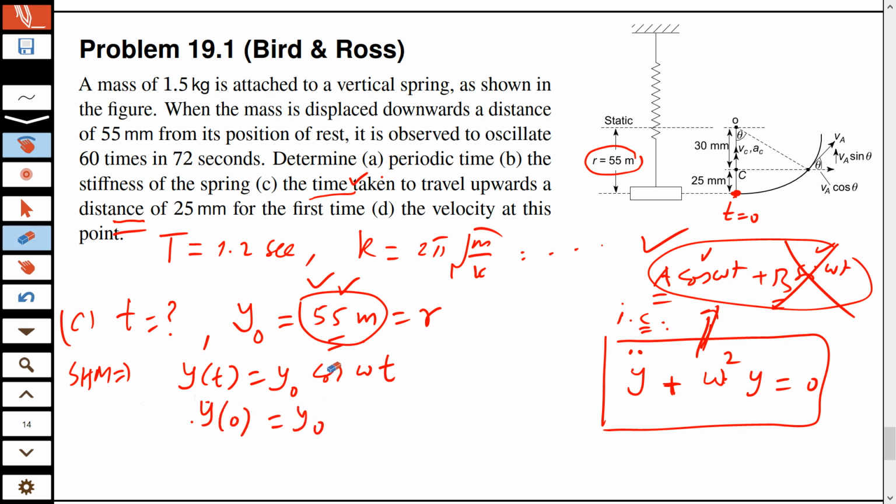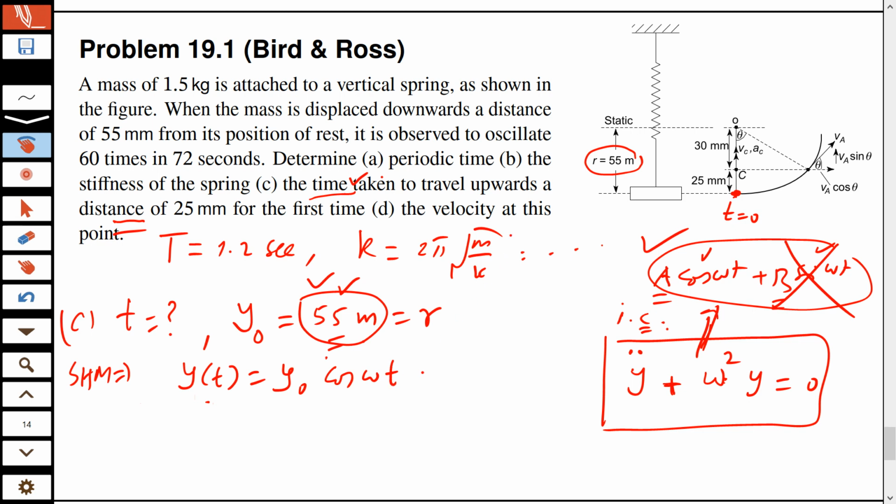If I take sine here, that will also be wrong, because y of 0 I'll get 0. And if I take any combination, a cosine omega t plus b sine omega t, that will also be wrong, because y of 0 will not give me y naught. For that it is necessary that my solution must be of this form, cosine omega t.